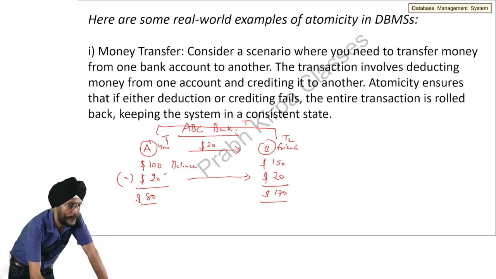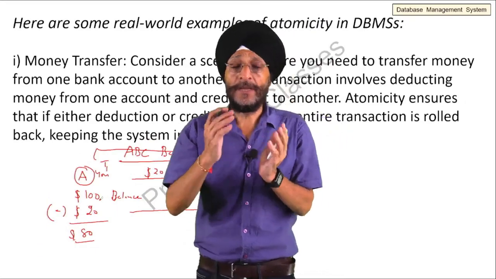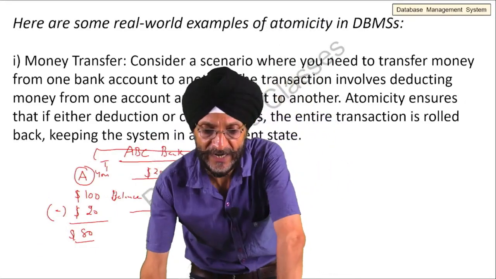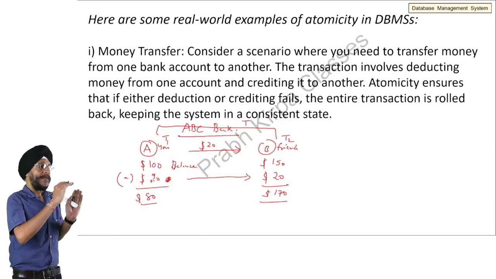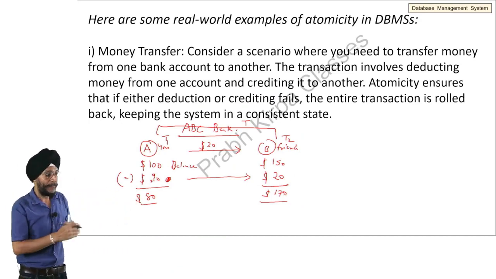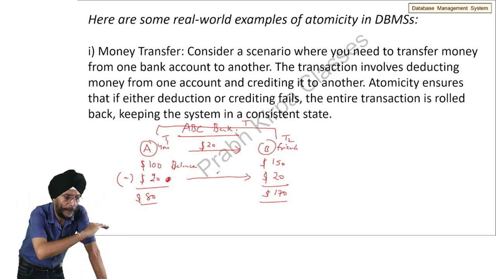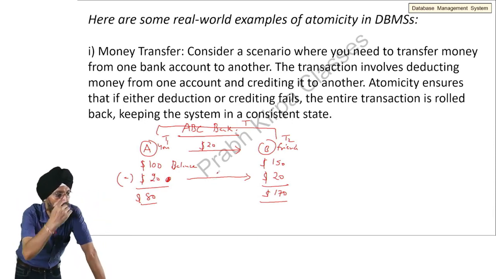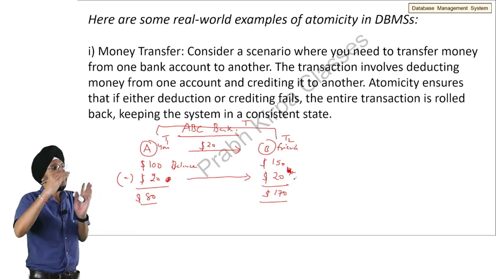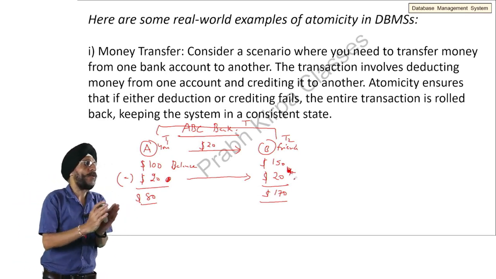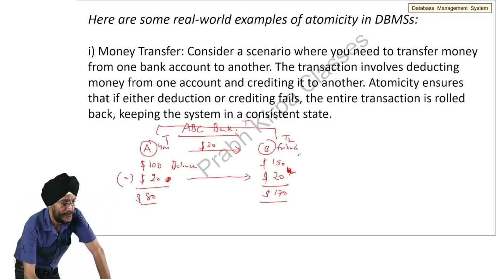Now suppose while $20 is being deducted from your account, it may happen that power failure may occur at this stage, or it may be possible that your account has been debited, but when the operation of crediting the amount to your friend's account was going on, at this step there was a power failure or internet failure, and the account of your friend was not credited with $20.